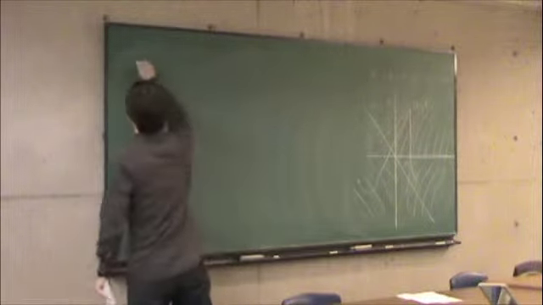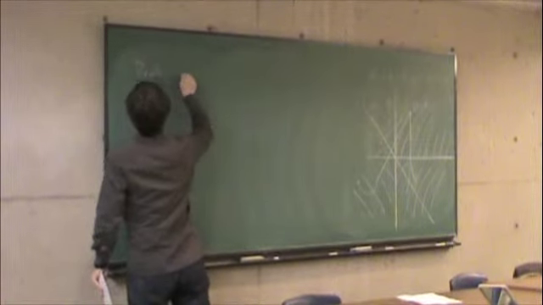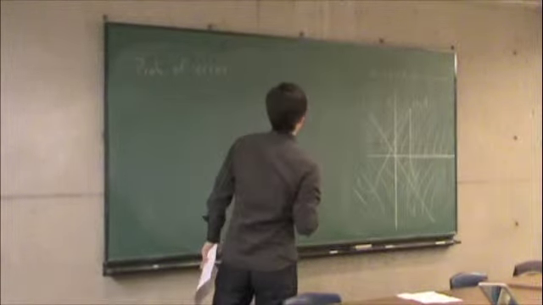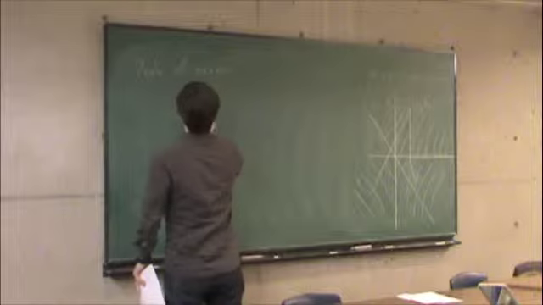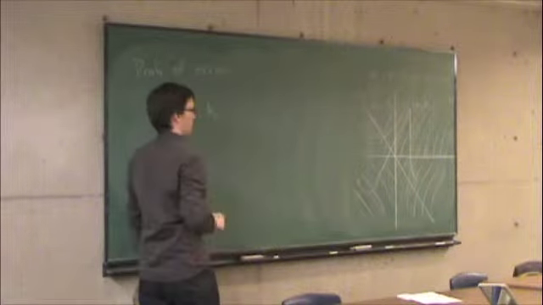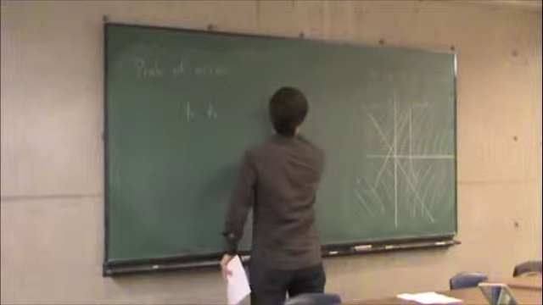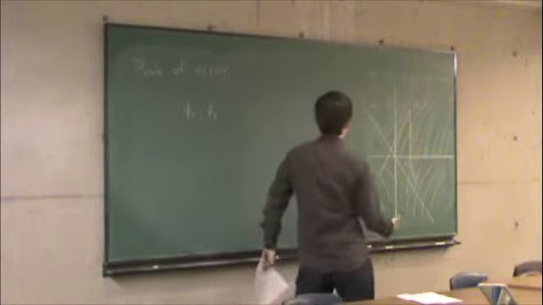So, probability of error. I have phi x and phi y, my filter outputs with noise. So let's redraw my hardware model.